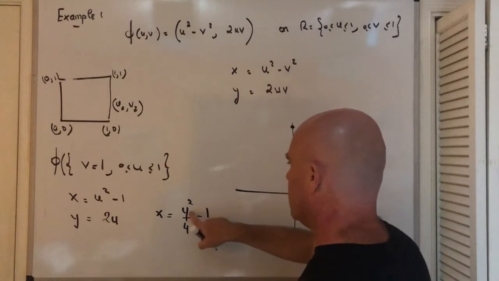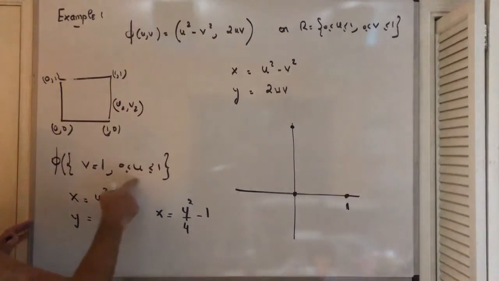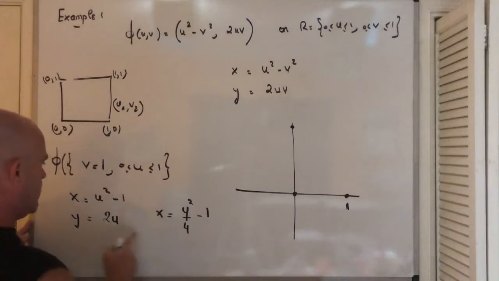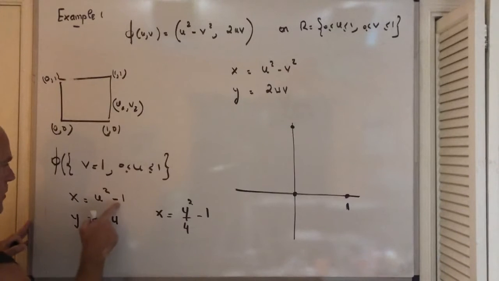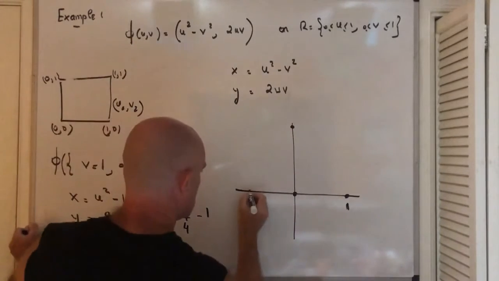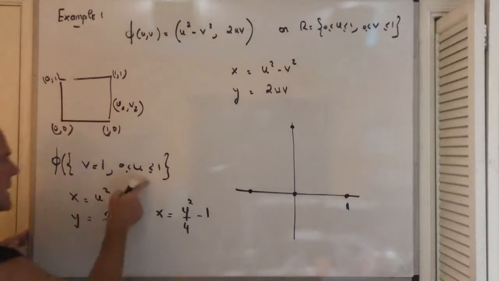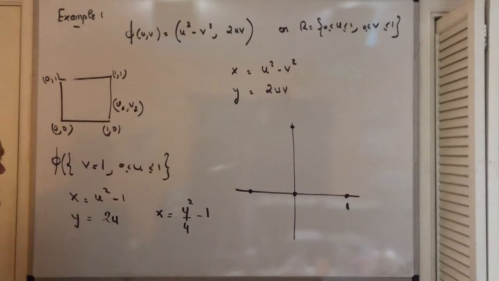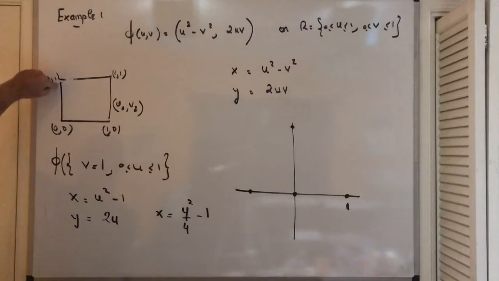When u varies between 0 and 1, let's look first of all at what the value is when u equals 0. Well, u equals 0, we have x equal minus 1 and y equals 0. So that point is nothing else than the image of this point.